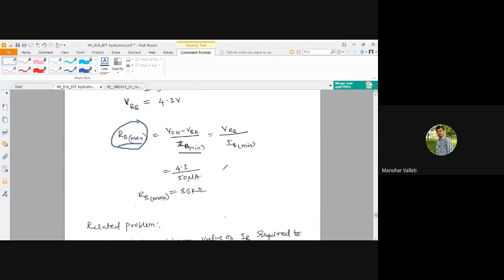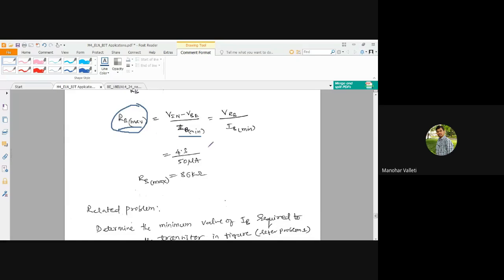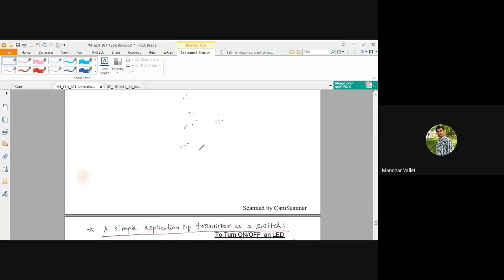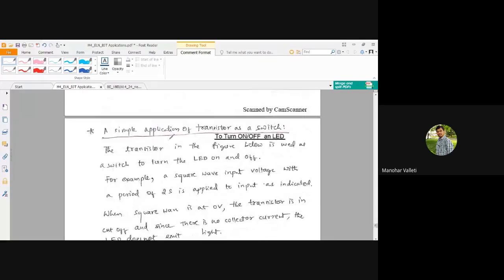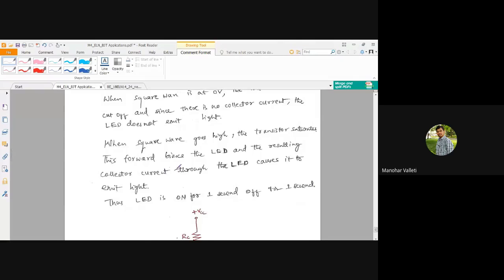Whatever we discussed about the transistor as a switch, for that, one small application, hardly it will take 2 minutes. See, a simple application of a transistor as a switch to turn on and off an LED. So this is the circuit.